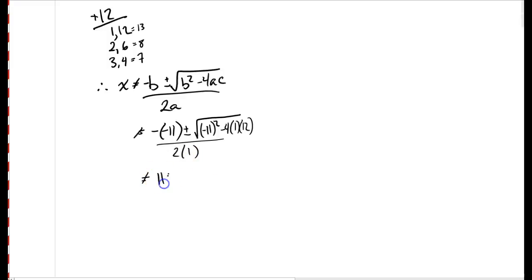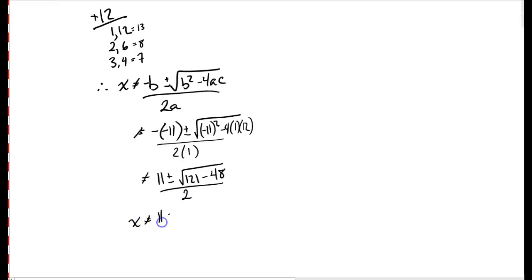We got 11 plus or minus the square root of 144. Nope. 121 minus 4 times 12 is going to be 48, all divided by 2.